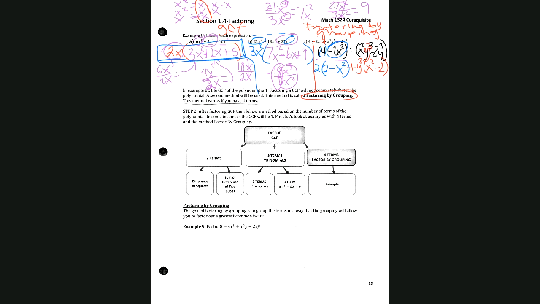Now here, what we are looking for is a greatest common factor in the form of a binomial. You can see that our terms are similar, meaning we have an x squared, but here we have a negative, and here we have a positive one.